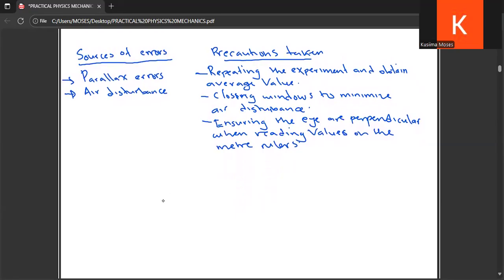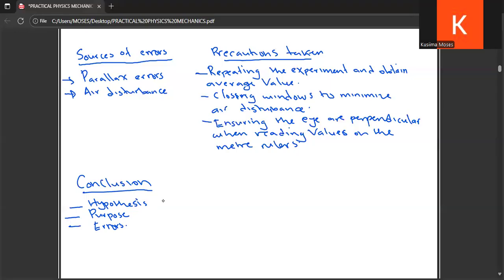Now, lastly, is going to be our conclusion. In our conclusion here, a conclusion must have three things. The first one, you must comment about the hypothesis. As you're concluding, you must comment about the purpose. Have you been able to achieve the purpose? You must comment about the errors. Now, how can you comment in this case?